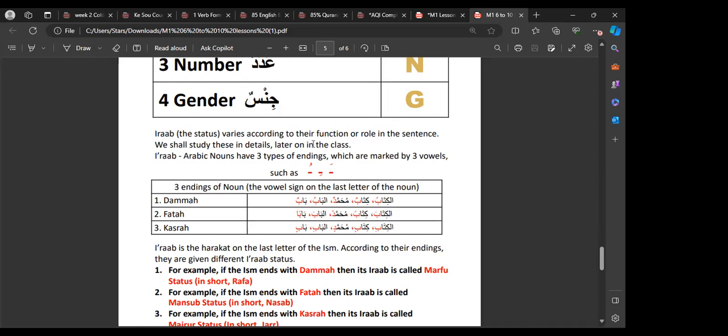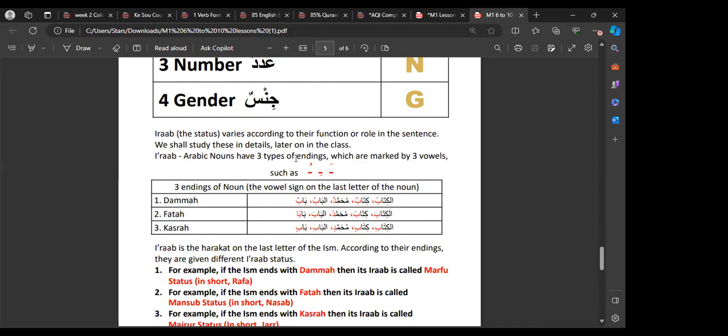So understanding this point, according to their function or role in the sentence, is it the subject? Is it the object? There's jar, but we'll come into jar later on, and we'll explain the kasra status later on.